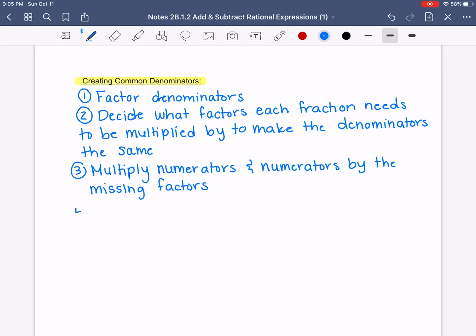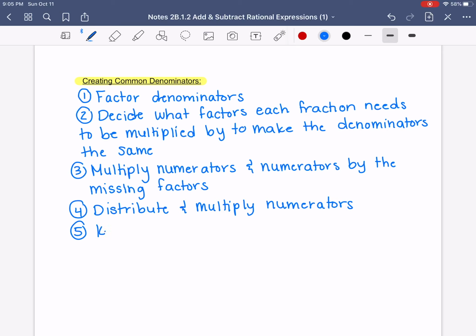Our fourth step is to distribute and multiply only in the numerators. The denominators you don't actually have to multiply out. You want to keep them factored.